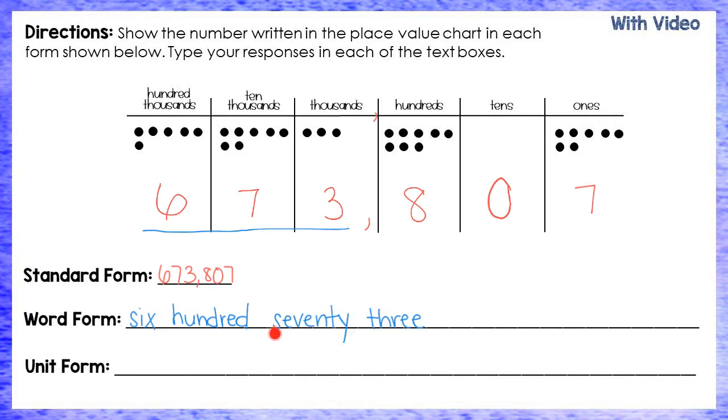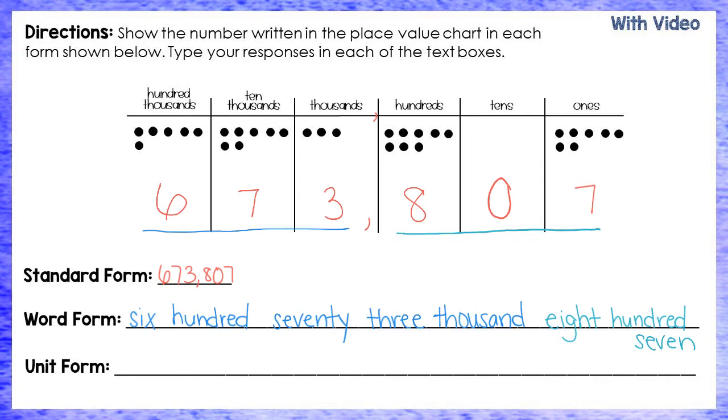So I wrote 73. Now when we get to the comma, we write 1,000. Then we read the second part, the hundreds, tens, and ones. This number that's underlined is 807. So I'm going to write 800 first, and then 7. We don't say the tens, we just say 807. Now, if you need to, you can pause the video here and go over to your slide and type this in.